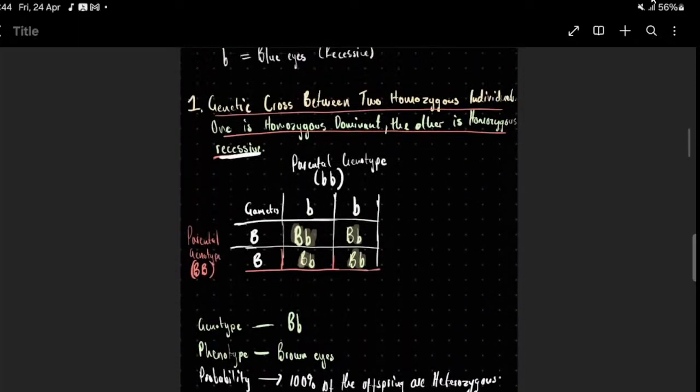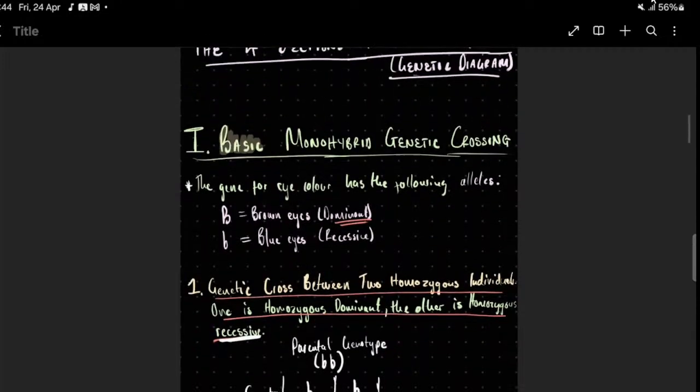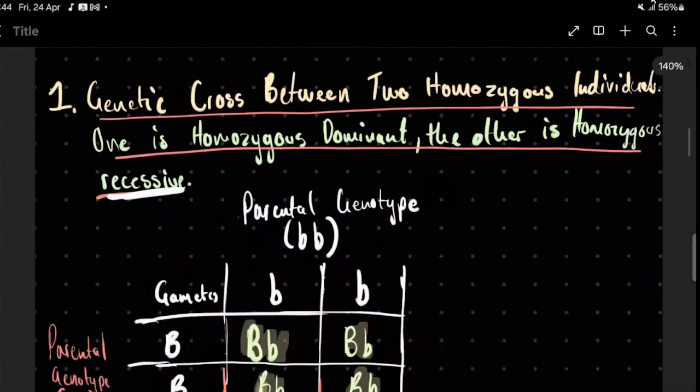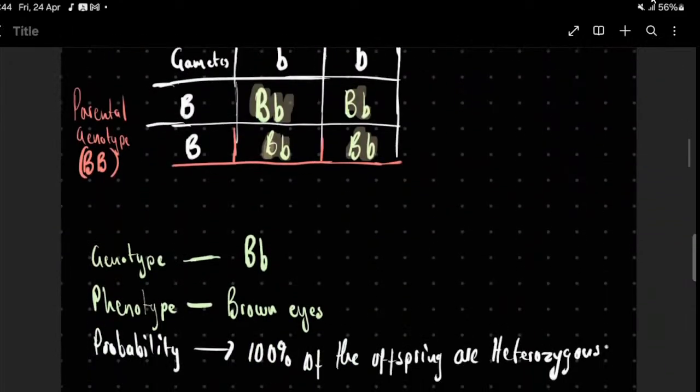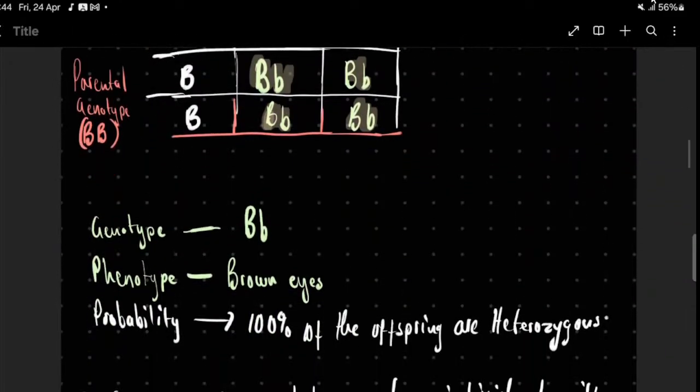Can you tell me, please, class, when we have a genetic cross of 2 homozygous, what did we get here? What was our output? 100% was heterozygous, right? Hello?